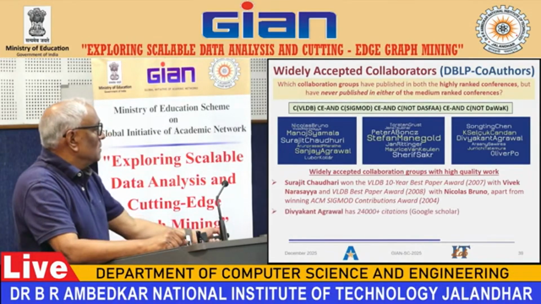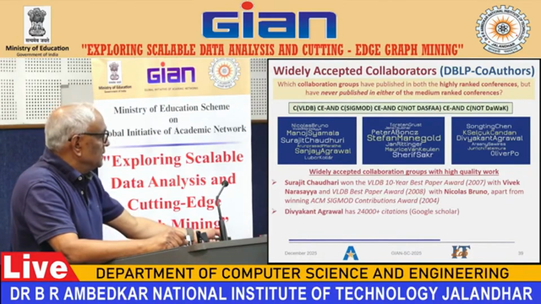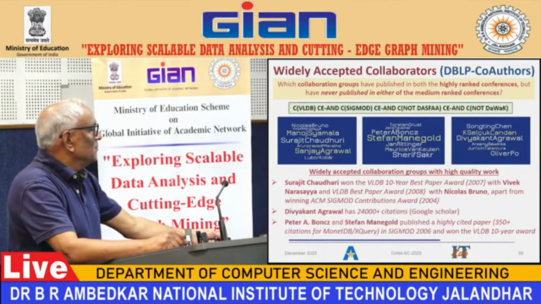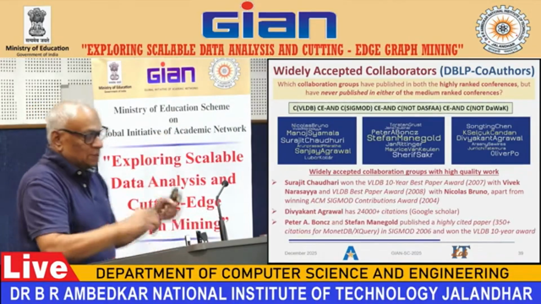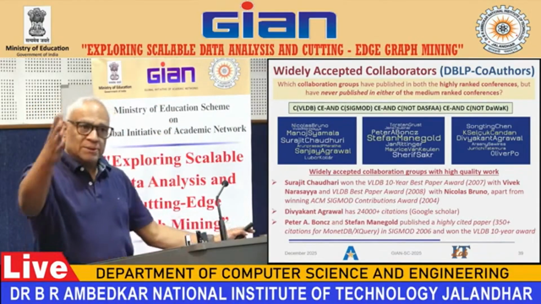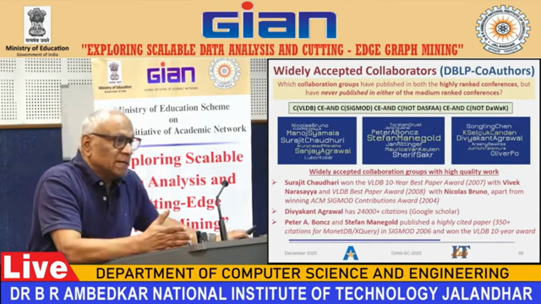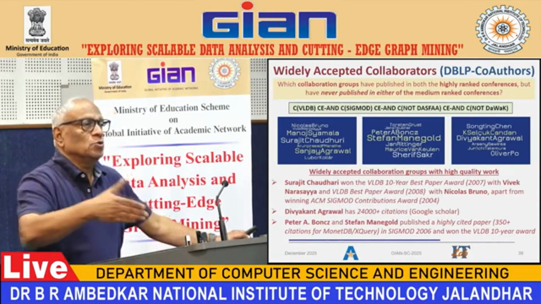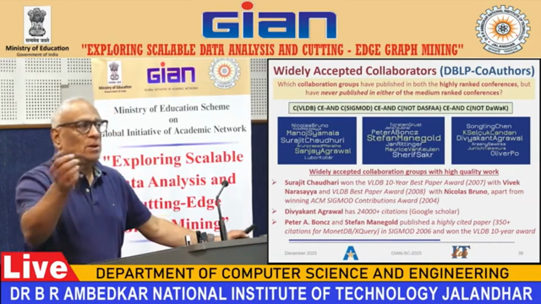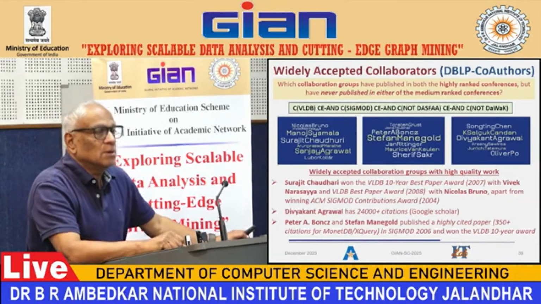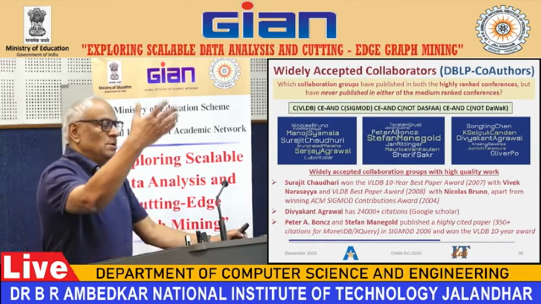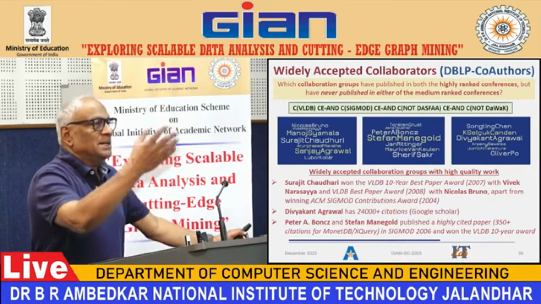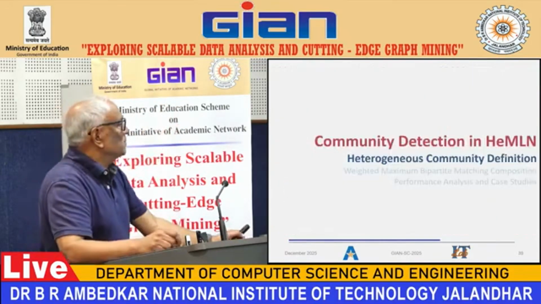This person has 24,000 citations in Google Scholar and so on. So we do the analysis and then we check whether this analysis is correct. Today it's a little bit easier to do because of Google and all the information available in Google Scholar, and h-index, i-index, all those things come into the picture.